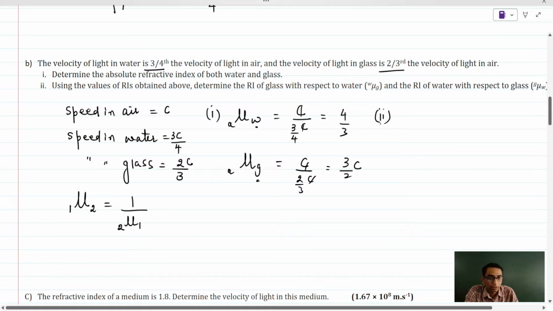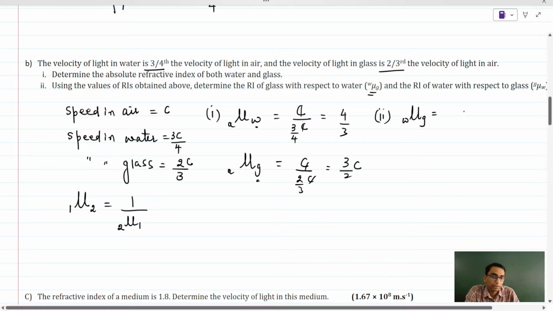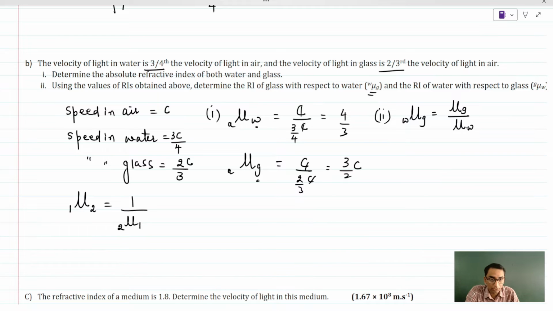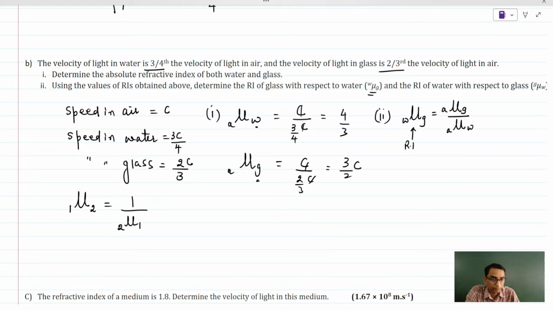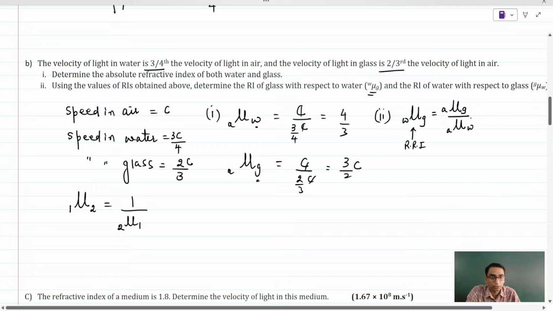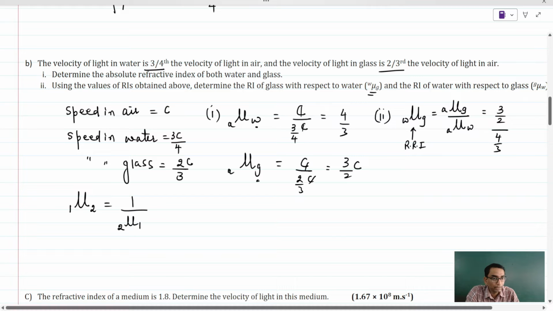Now the second one, I'm going to solve this one, right? That is equal to absolute refractive index of medium 2 upon absolute refractive index of medium 1, whereas this is relative refractive index and these two are absolute. So just now we found out 3 by 2 and this is 4 by 3.